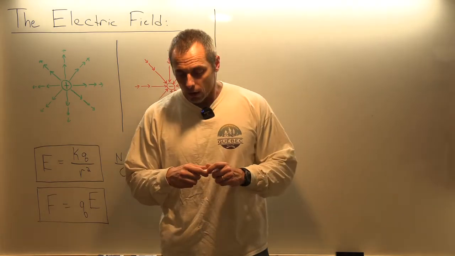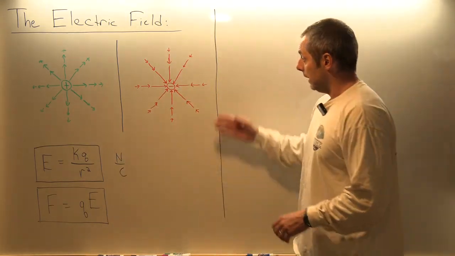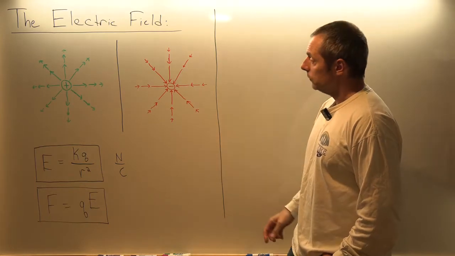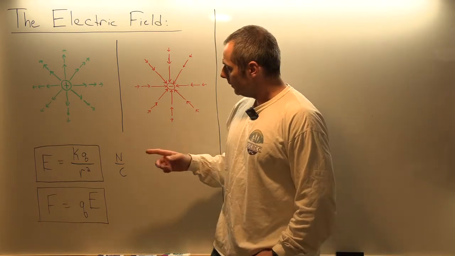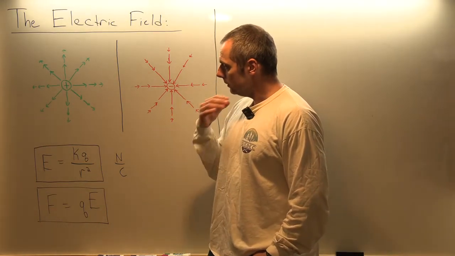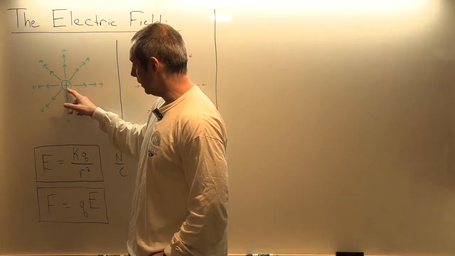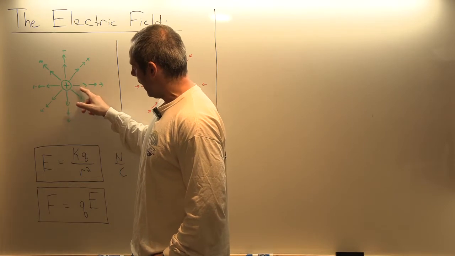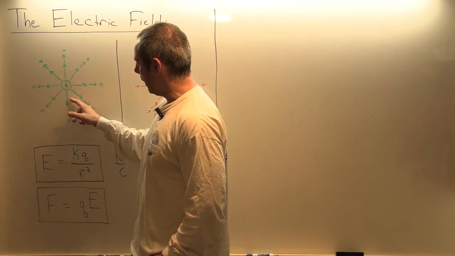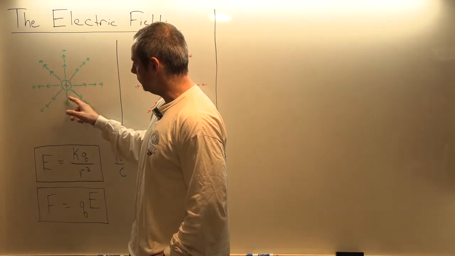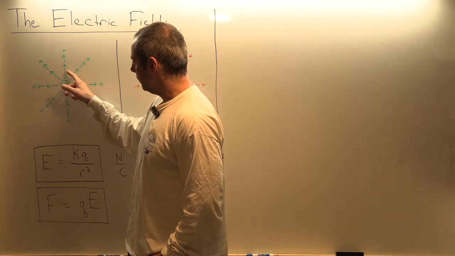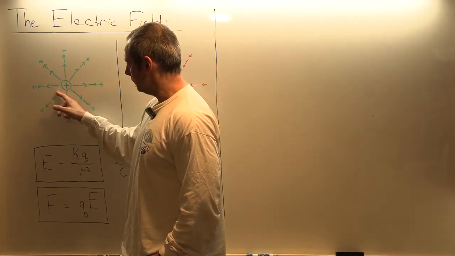So that brings us to today, the electric field. I'm going to pause in a second for you to copy these notes down, but let me just point out some key features. This is a positive charge like a proton. What I have near it are arrows pointing away from the proton, directly away. All these are equal length arrows.